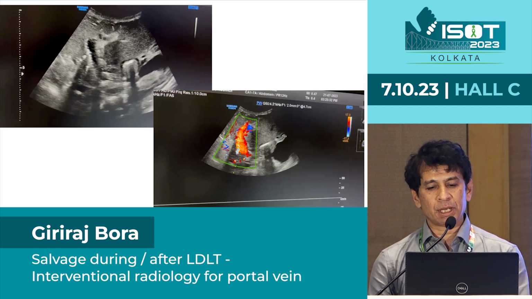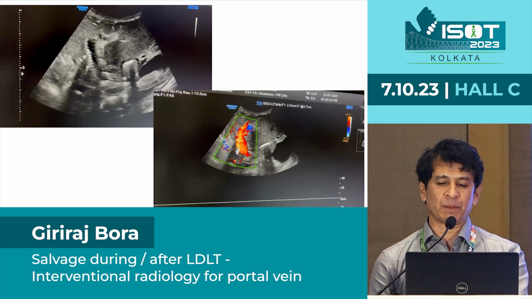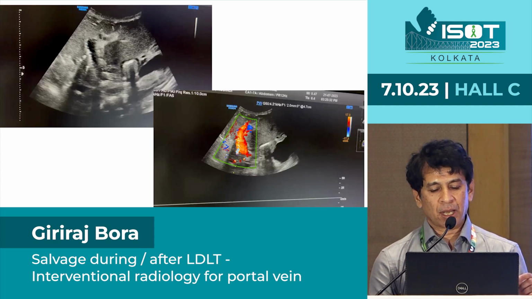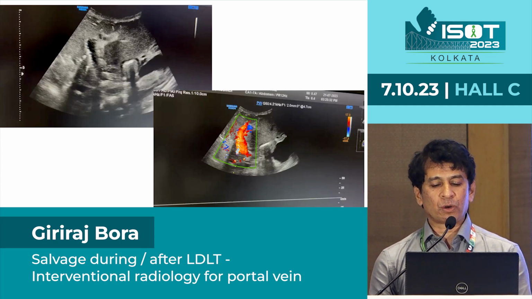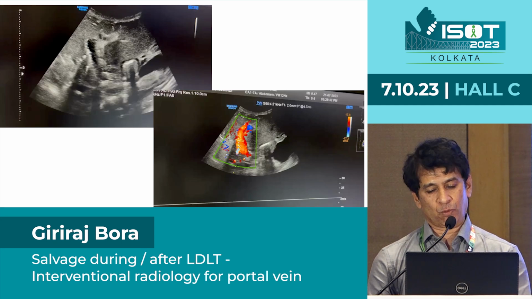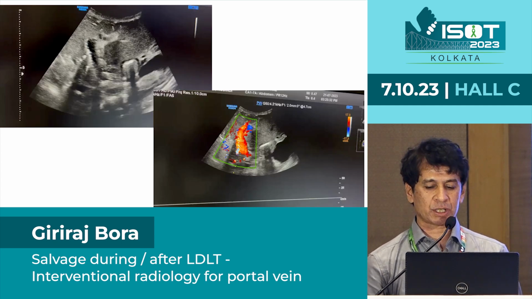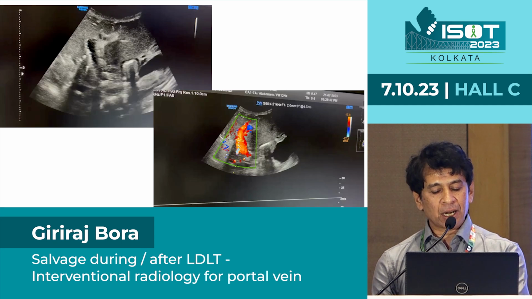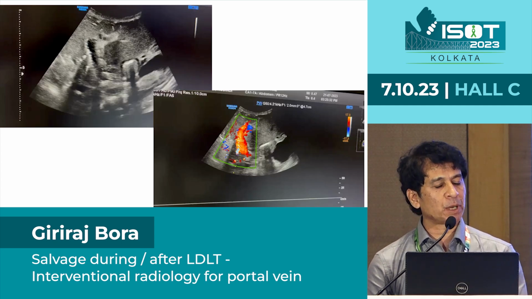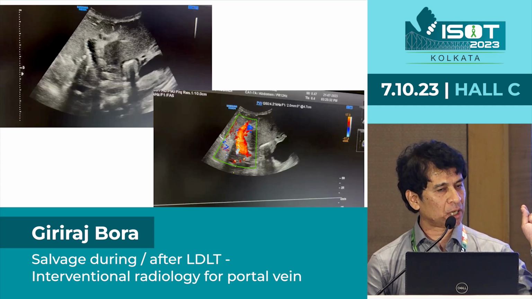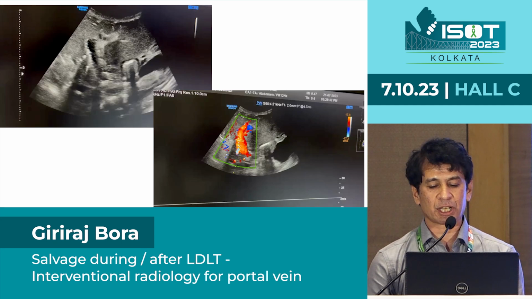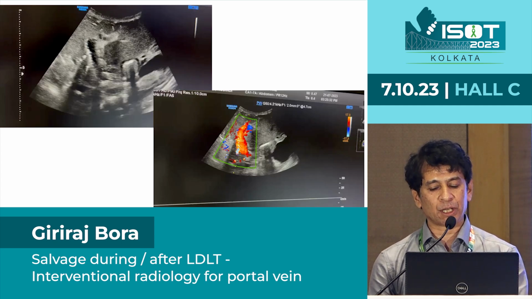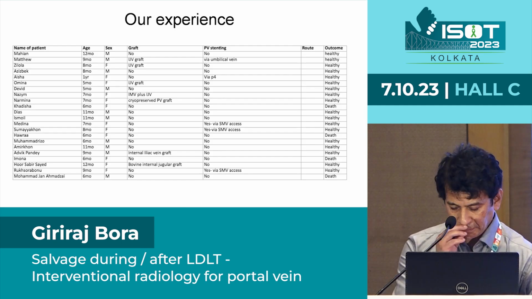And once you do this, one can appreciate there is a stent lying across the anastomosis, and whatever be the amount of flow, once you place the portal vein stent across the anastomosis, the flow is excellent in most of the cases. And unlike what has been published by Dr. Neerav and their team, we do not leave any catheter across the anastomosis, but we just continue with the anticoagulation in the post-op period.